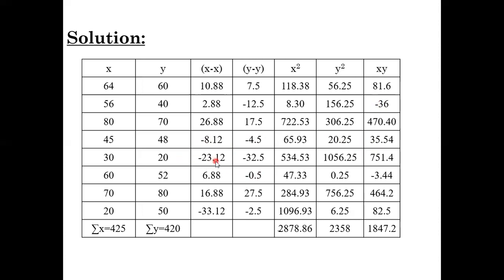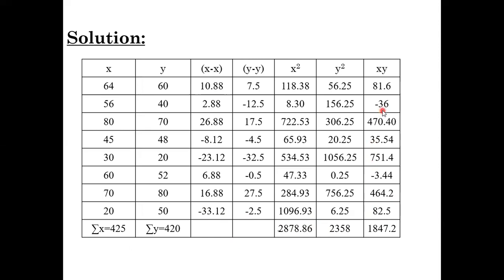If you get a plus value, no need to write it. Okay, 6.88 into minus 0.5, minus 3.44. 16.88 into 27.5, 464.2. Here minus 33.12 into minus 2.5. Here the x value is minus as well as the y value is minus. So minus into minus, plus. No need to write the plus sign here.